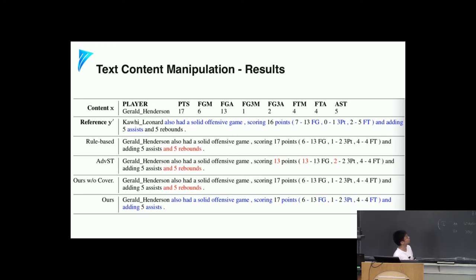We don't have a list number in list records, right? So these models can fail to recognize this difference between the reference sentence and the record. But you can see our model can express this content very precisely.